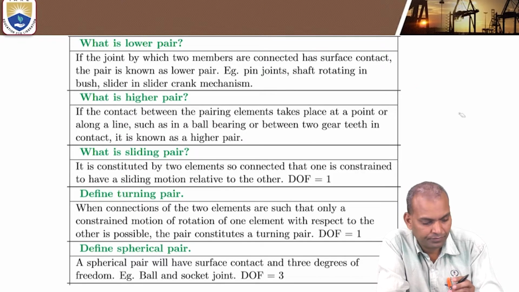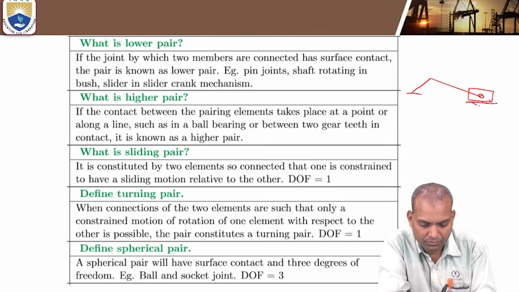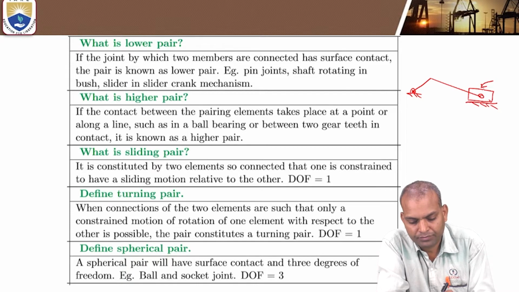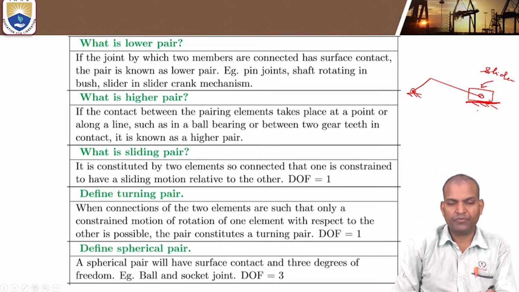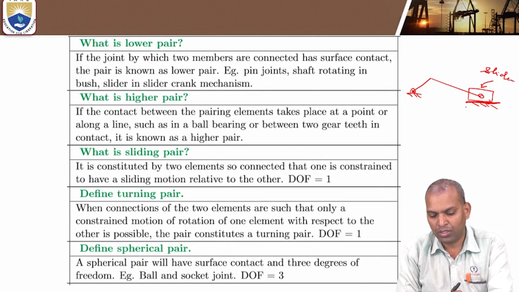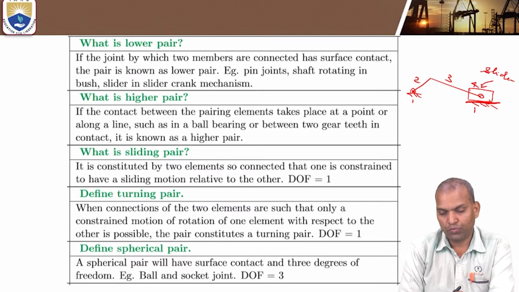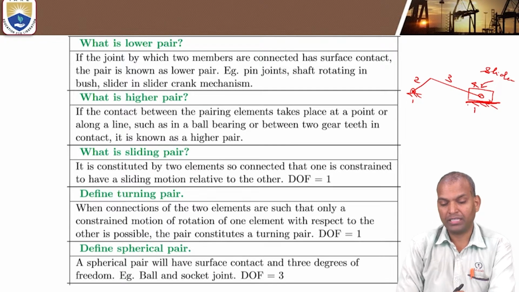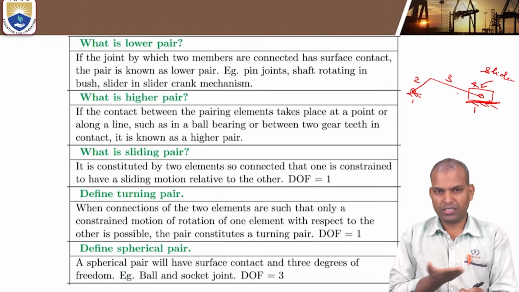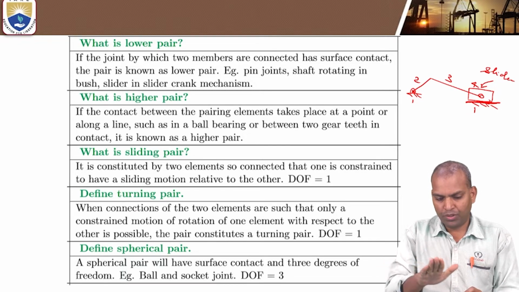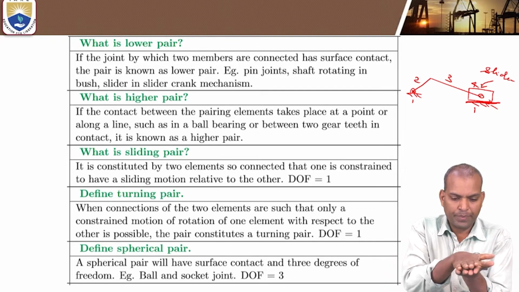The slider having surface contact on the fixed link, that pair is known as a lower pair. Suppose the fixed link is link 1, and the links are 1, 2, 3, 4. This link 4 having contact with link 1 is surface contact. That is lower pair. Suppose two hands are clapping, no, rubbing like that.